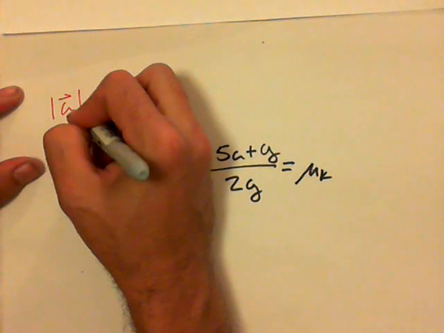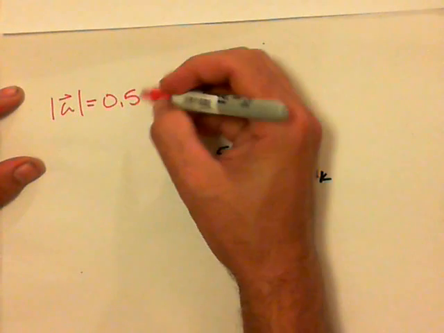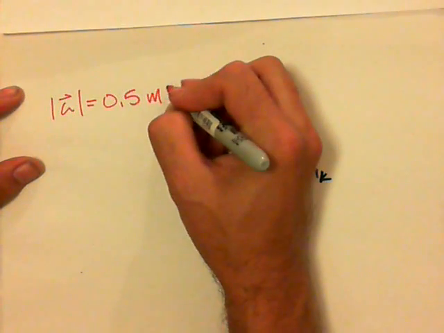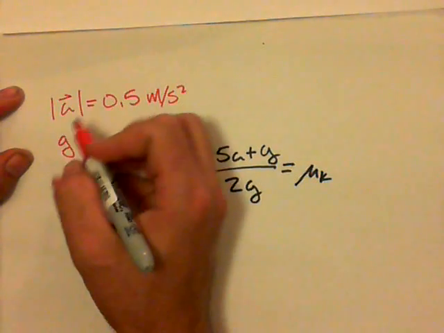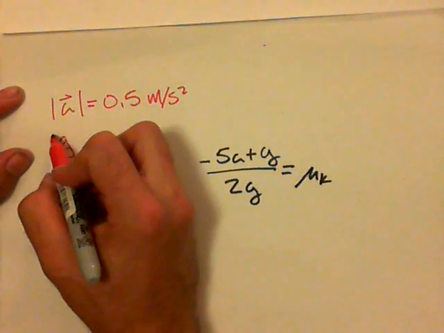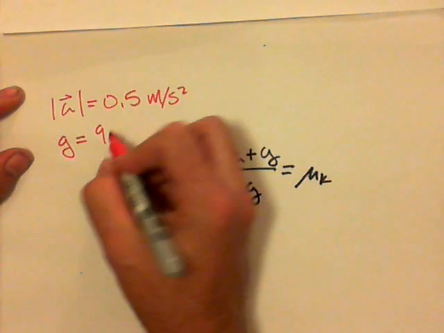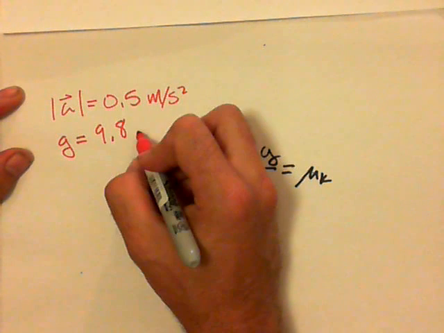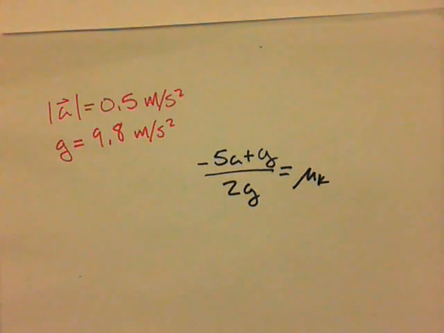Magnitude of acceleration equals 0.5 meters per second squared. Okay, and then we have gravity, which we're going to call 9.8 meters per second squared. We'll just plug those all in and that'll give us our solution.